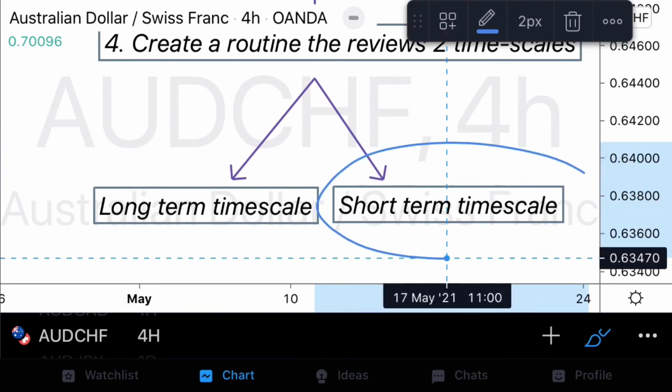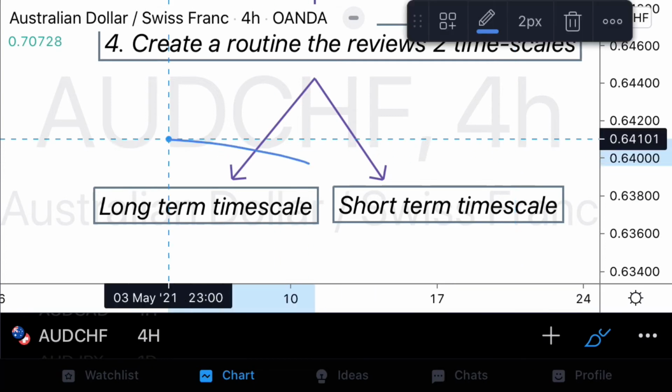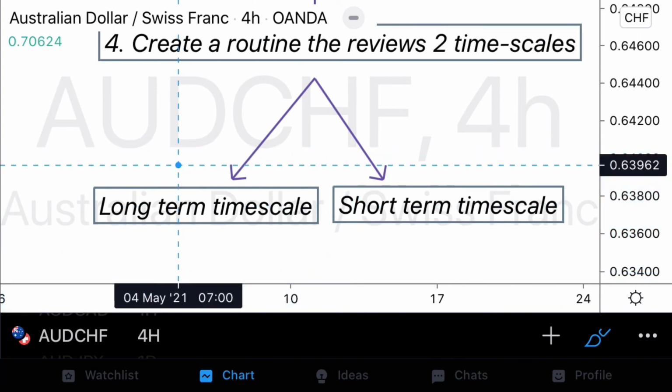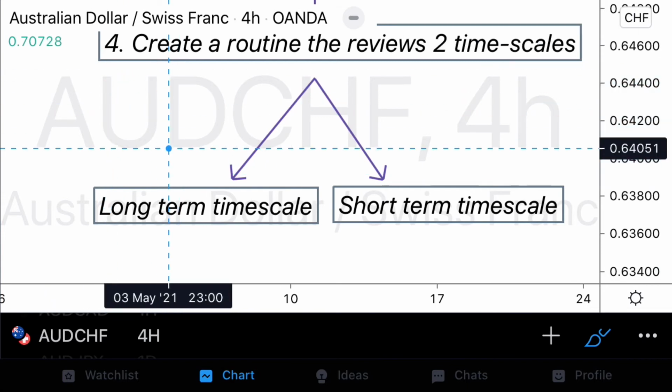Then the short-term time scale, guys, is the time scale that we are looking at during the week that we are trading. For example, when we're looking at our long-term time scale, maybe we'd stop analyzing on the H1 chart because we don't want to go below that H1 and then impose our biases, or what we think structurally is going to happen next in the market.